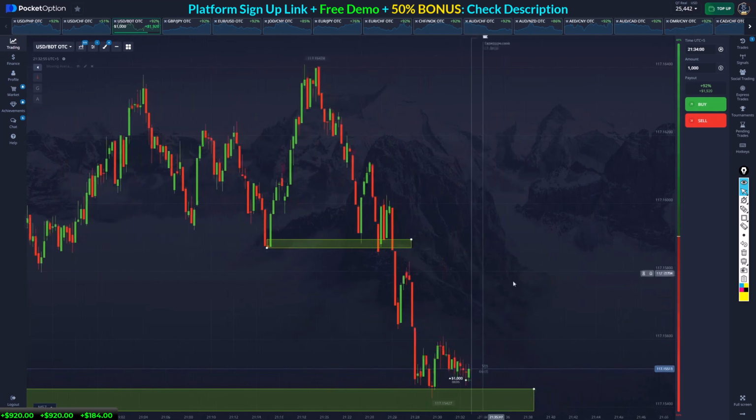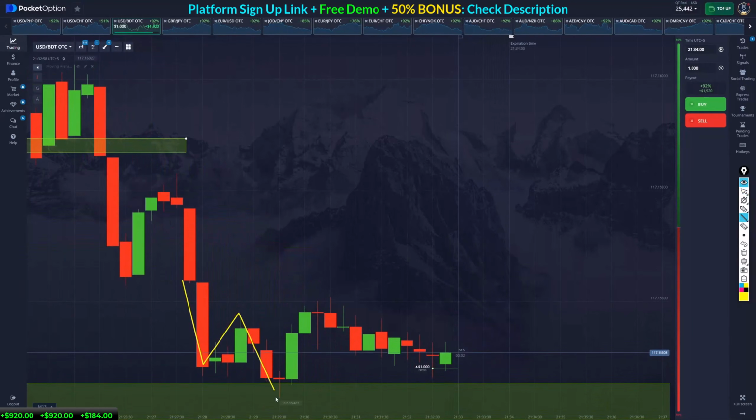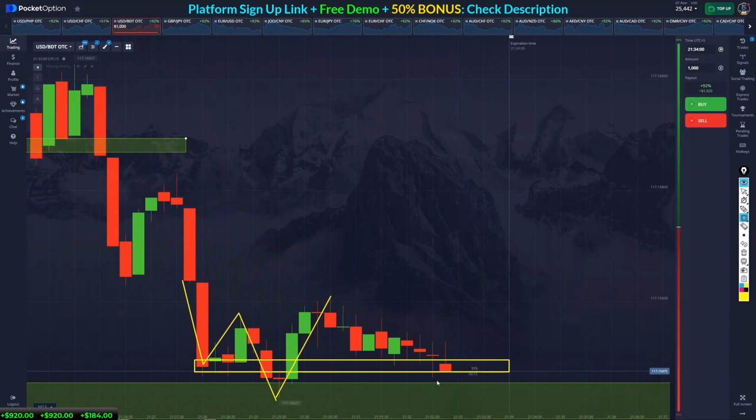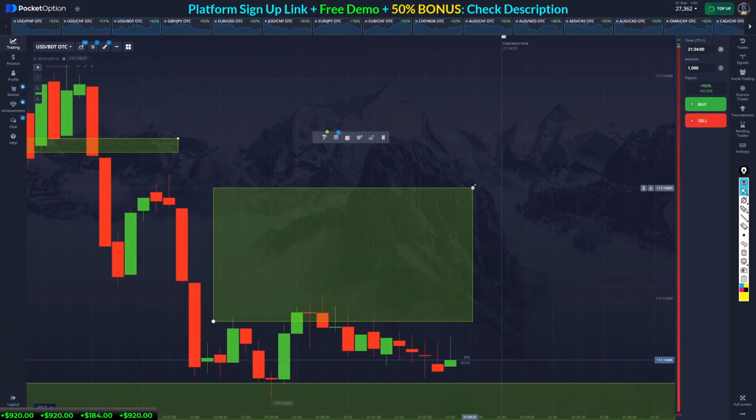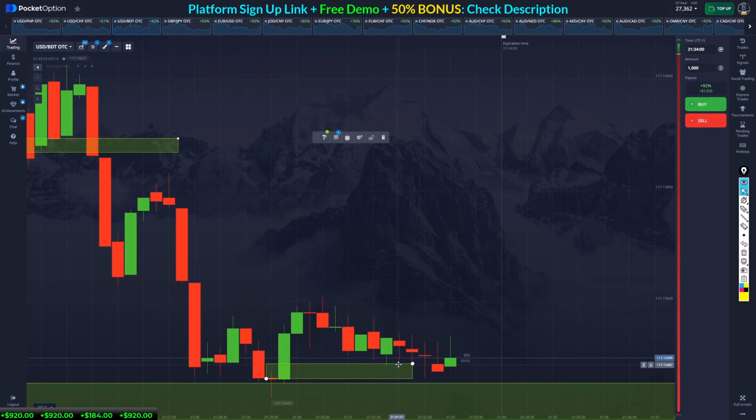Look, if we zoom in, you see another small QM, and it was a winning trade, man. All right, our entry was exactly right here. Let me just mark our entry. This is a QM inside of a QM.